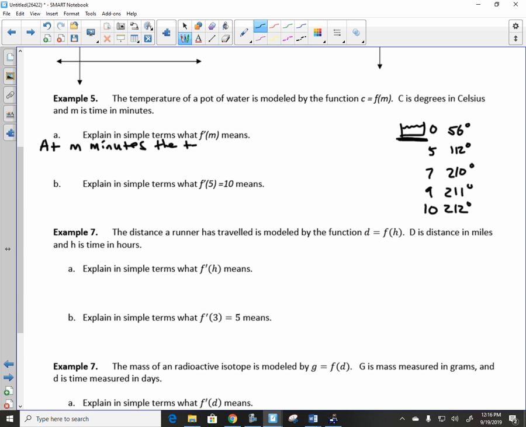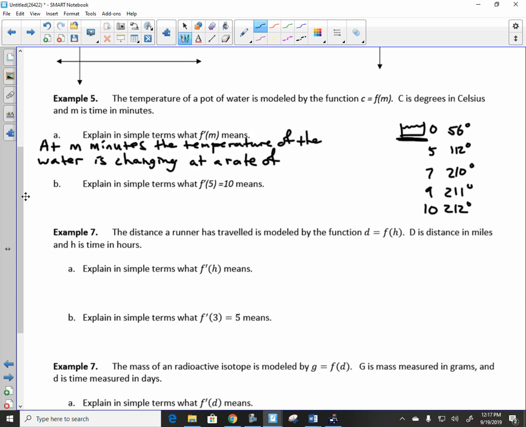At m minutes, the temperature of the water is changing at a rate of, and here's where we need to decide a rate.